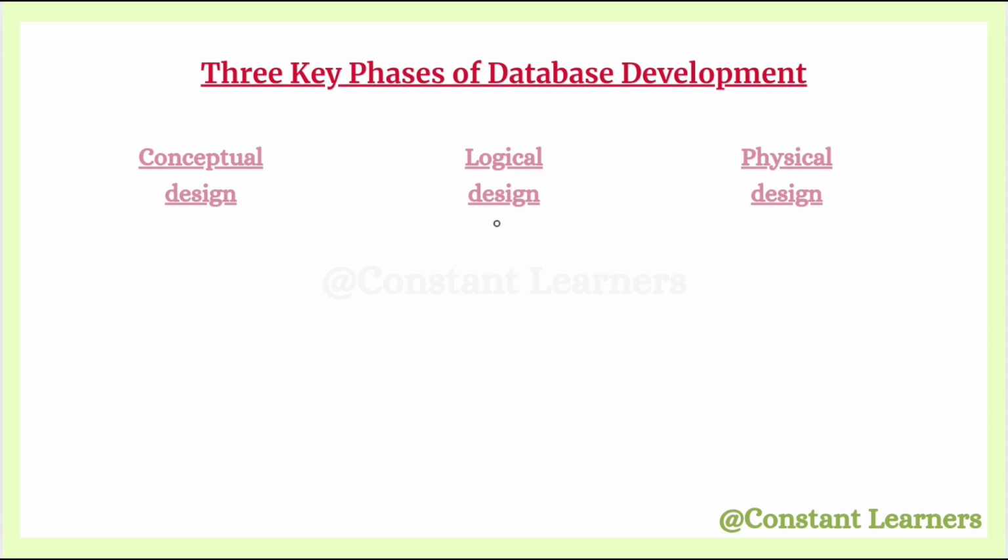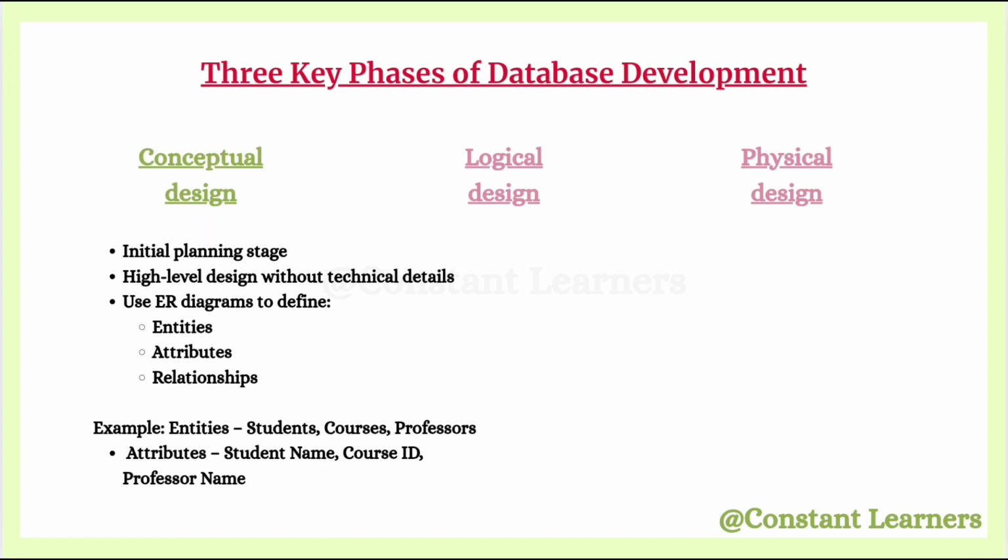Now, all the database design approaches use these 3 design stages just in different sequence and formats. So let's first understand these 3 key phases of database development, and then we will discuss the different approaches in developing the databases. First one, conceptual design.